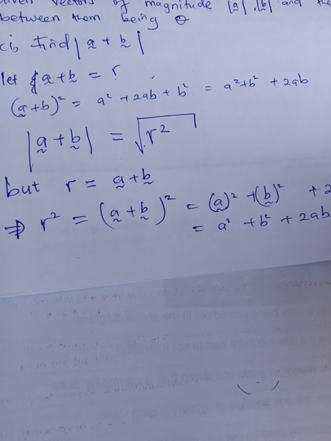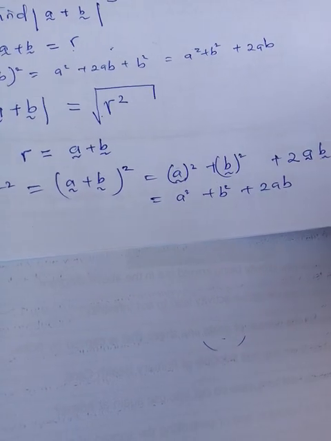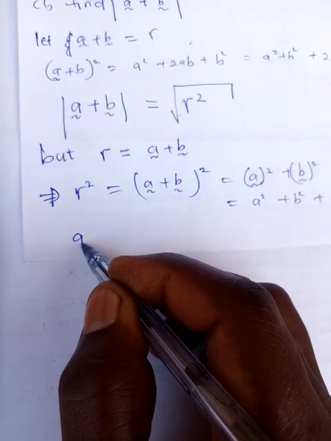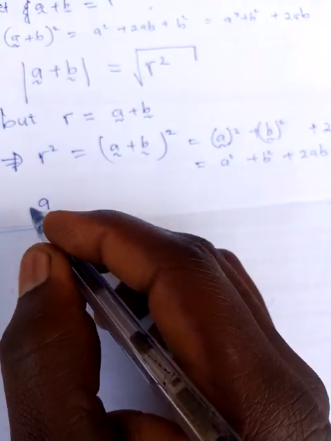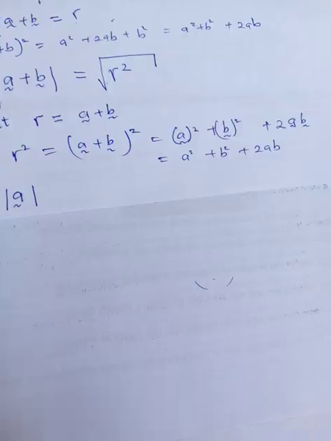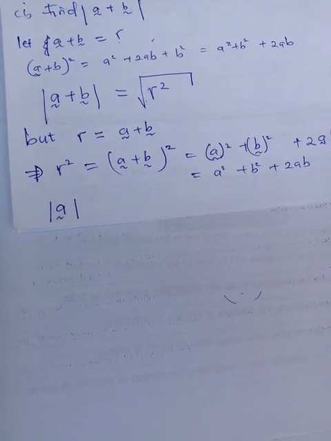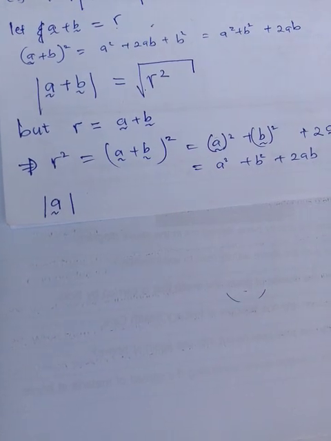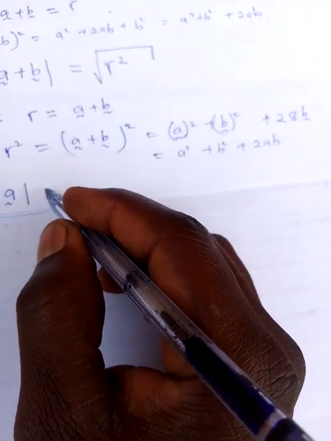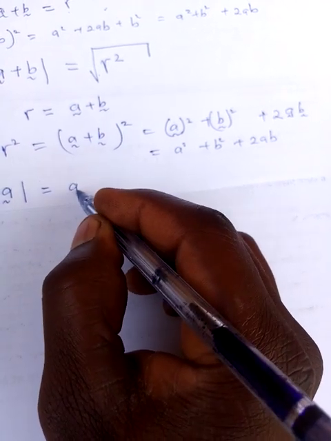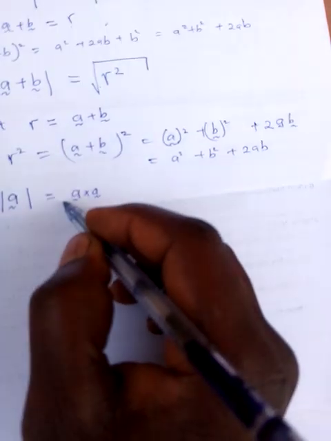Now, you need to know something small here. If you have a vector a and you take its modulus, it means the same as a times a, then you take the square root.